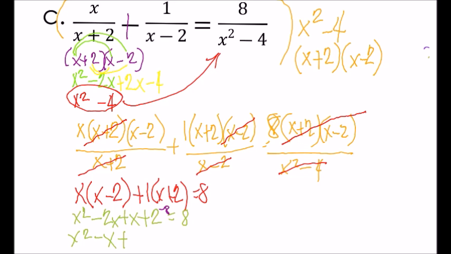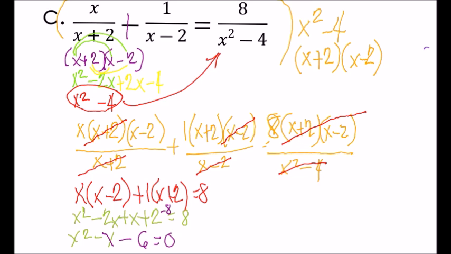So 2 minus 8 is negative 6. We have x squared minus x minus 6 equals 0.